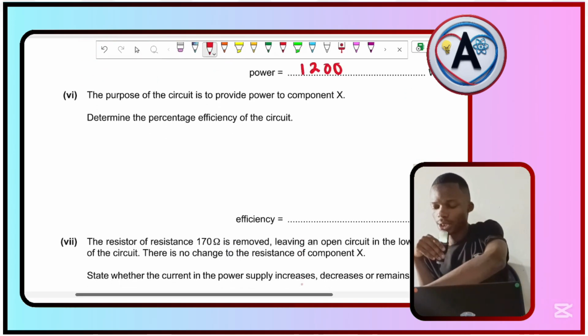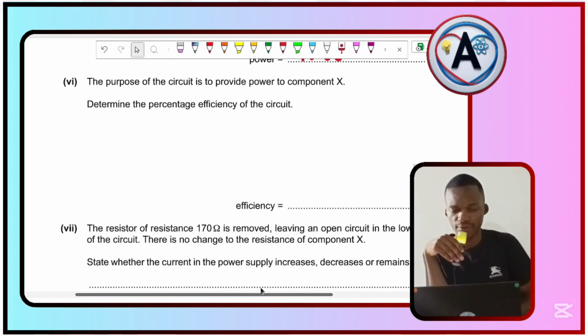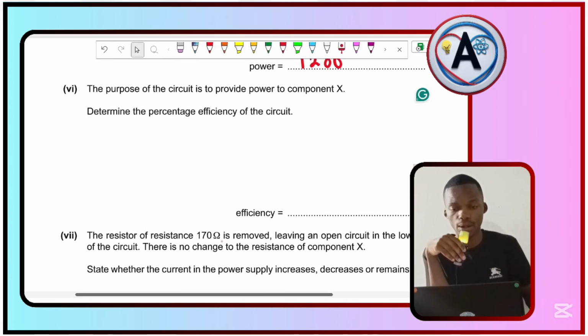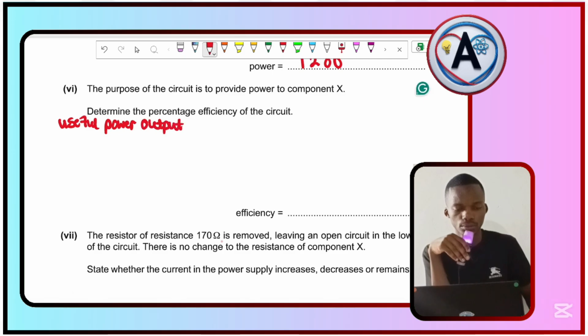Cool. The purpose of the circuit is to provide power to component X. So basically, efficiency is useful power output over power input, times 100. That's the formula for efficiency, guys.